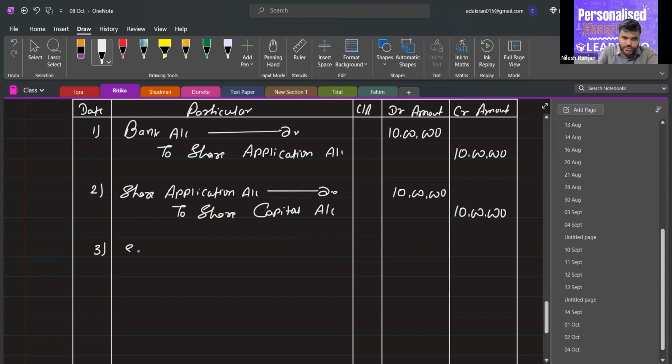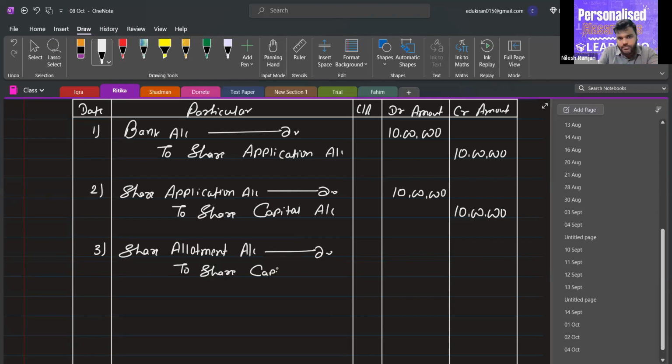Now share allotment. So in share allotment, we pass the journal entry for due: share allotment account debit to share capital, the securities premium, and calls in advance. Calls in advance, so that's in the receipt entry, sir.